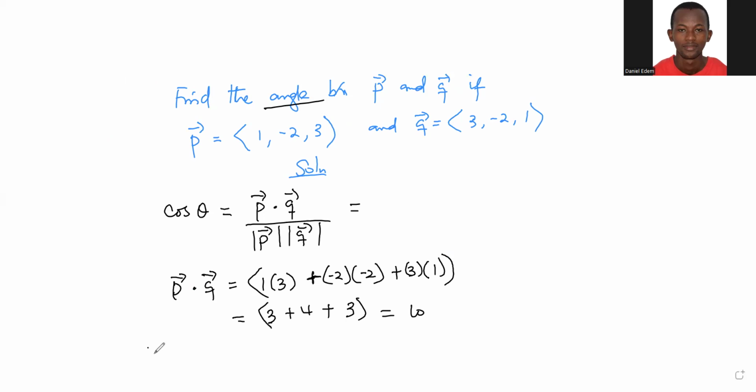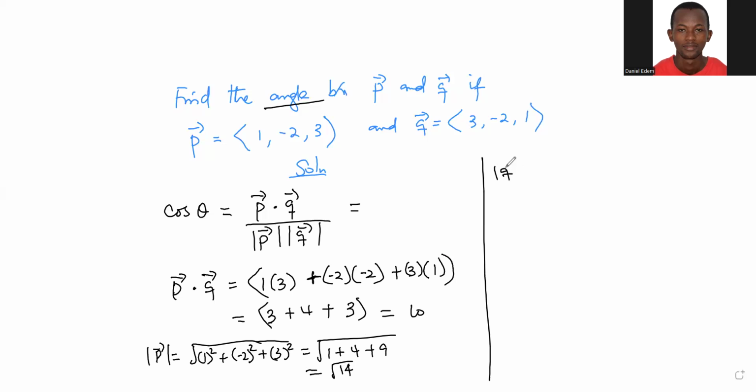The magnitude of P will be the square root of x squared plus y squared plus z squared, okay? So 1 squared plus negative 2 squared plus 3 squared gives you square root of 14. Sorry.